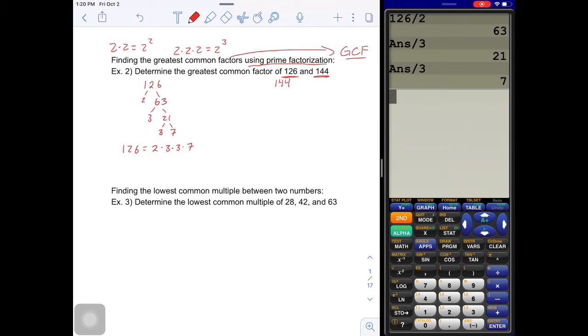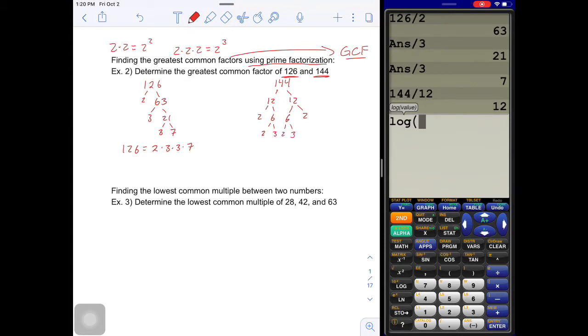Now I'm going to prime factorize 144. So I can divide 144 by 12, and that gives me 12. I can divide both these numbers by 2, okay, and that gives me 6. And then I can divide 6 by 3, 6 by 3.